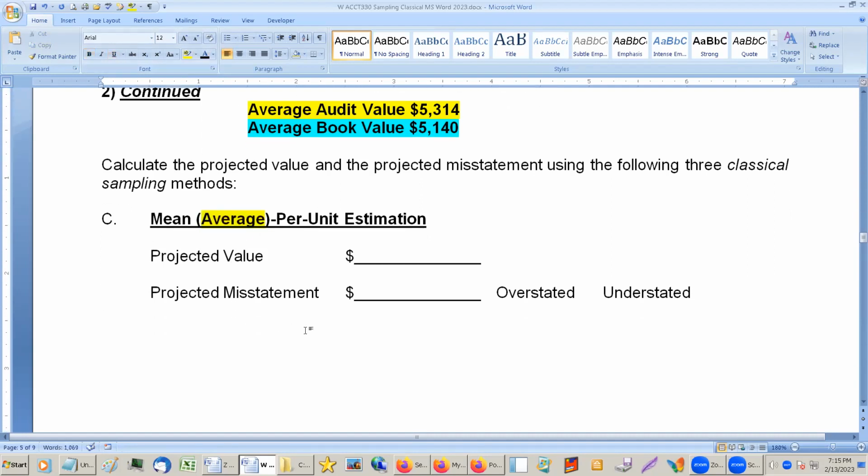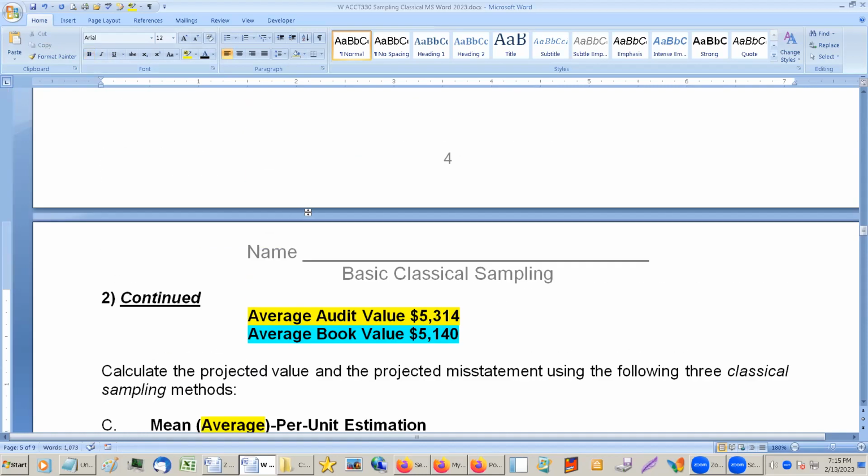So we're going to take the audit average, and then we can do it times per unit, times total number of units.